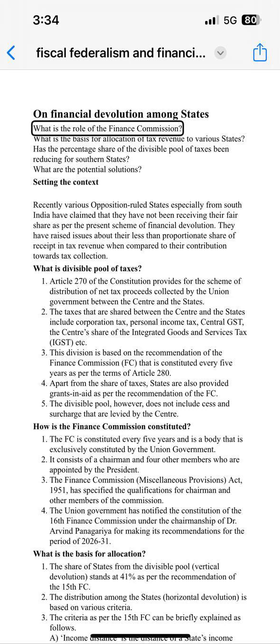as far as the Finance Commission is concerned, the states are weak. The states have no say in it. It is the activity of the central government. It is the job of the central government to constitute a Finance Commission, and the recommendation of the Finance Commission is more prejudicial because there is no participation of the state governments in its proceedings, whether it is the constitution or functioning of the Finance Commission.